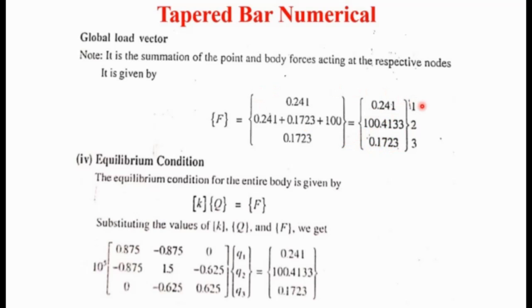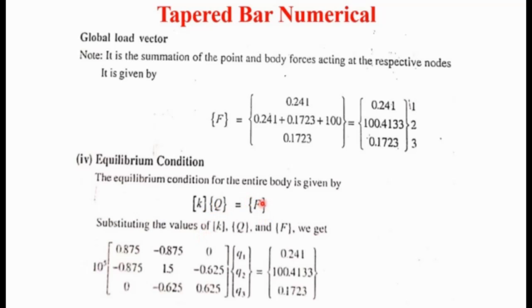After calculating this load vector, nodal displacement vector and the global stiffness matrix, the next step is the equilibrium condition. The equilibrium condition for this stepped bar is K into Q is equal to F. That means the stiffness matrix multiplied by the displacement vector is equal to the force vector, or load vector.